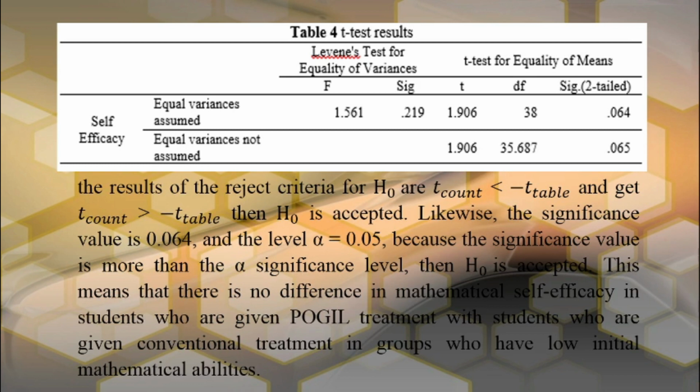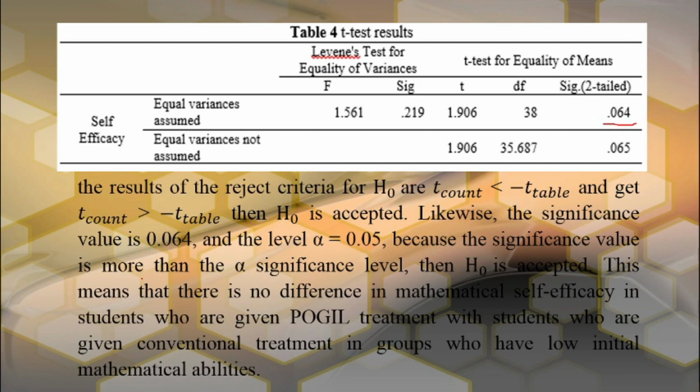The result of the reject criteria for H0: t count is between negative t table and positive t table, then H0 is accepted. Likewise, the significance value is 0.064 and the alpha level is 0.05.